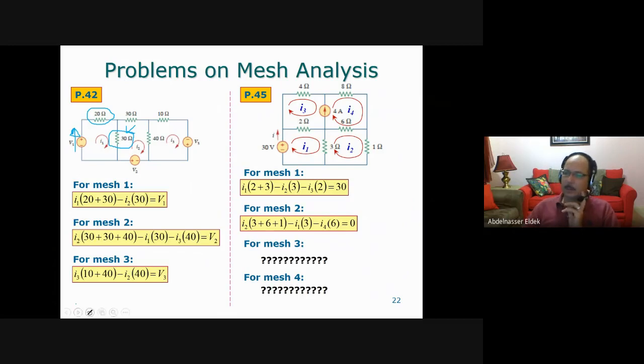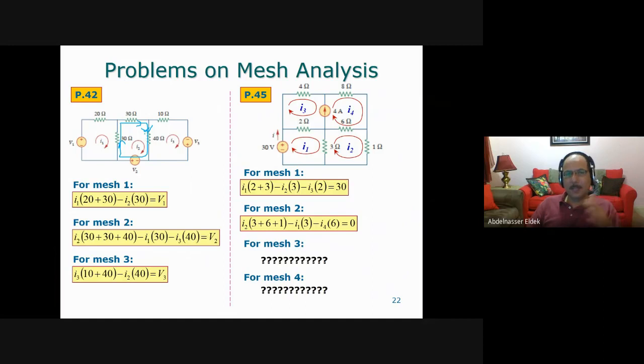Then you go to the next one, mesh number 2. You have how many resistors? You have 3 resistors. So it is I2 times 30 plus 30 plus 40, minus the intersection.